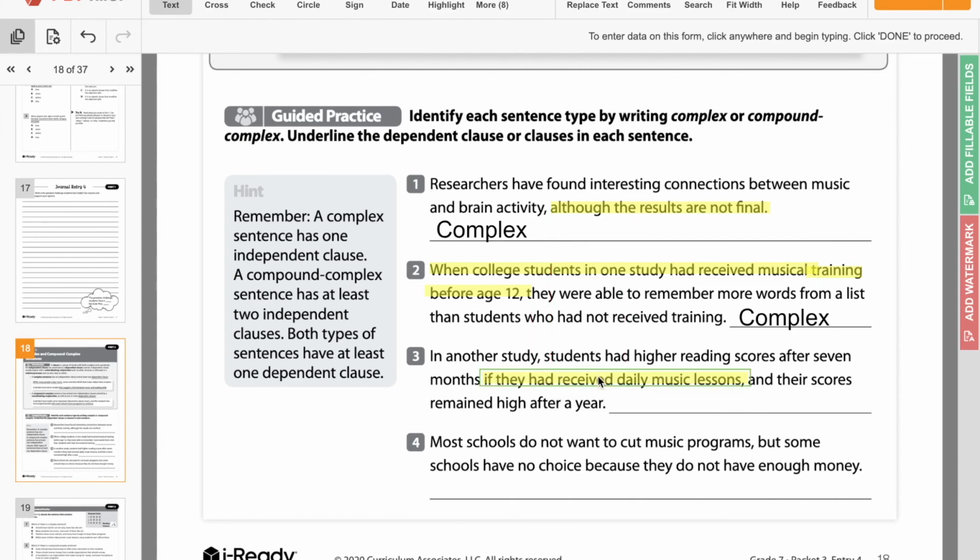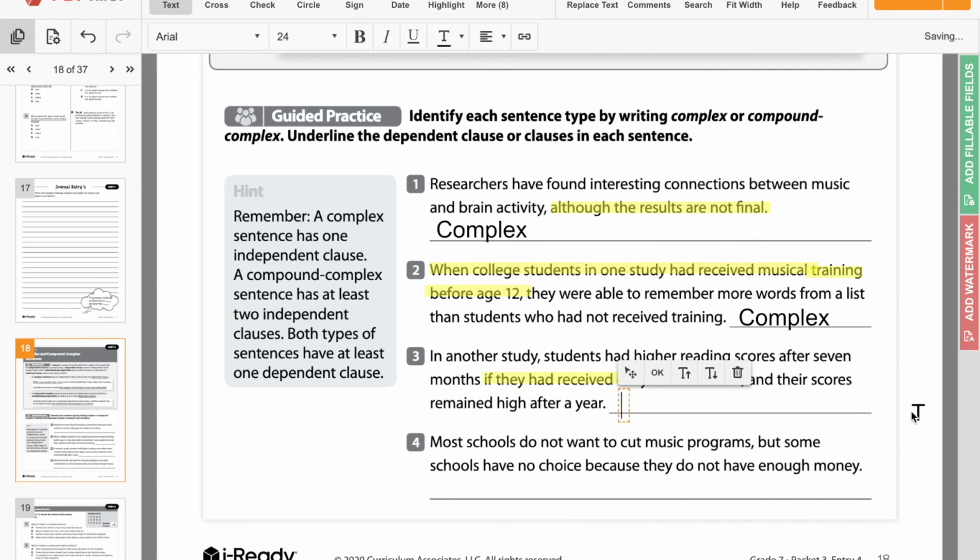So this has to be a separate clause from students had higher reading scores after 7 months. Okay? Then we have our coordinating conjunction and then we have a last clause, which is their scores remained high after a year. Does that make sense on its own? Yes, which means we have two independent clauses, one dependent clause, which means we have what type of sentence? Compound complex.